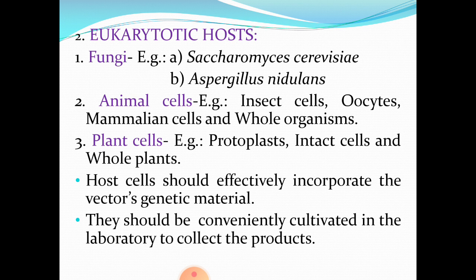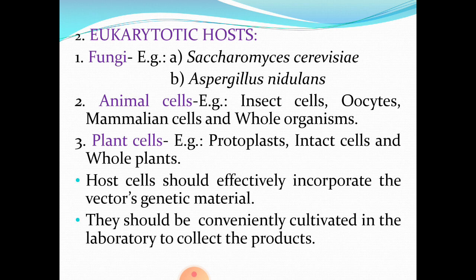Normally, insect cells, oocytes, mammalian cells, and whole organisms once in a while are used as host cells. Then coming to the plant cells, you use either the protoplasts or the intact cells or sometimes whole plants. So, host cells are normally either prokaryotic cells or eukaryotic cells. Prokaryotic cells are mostly the different species of bacteria. Eukaryotic cells are either fungal cells or animal cells or plant cells.